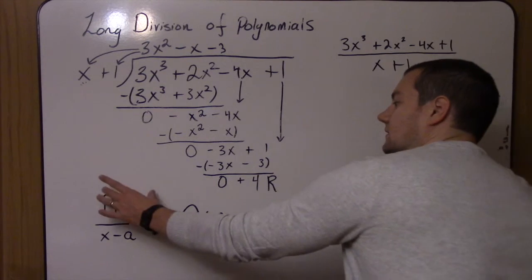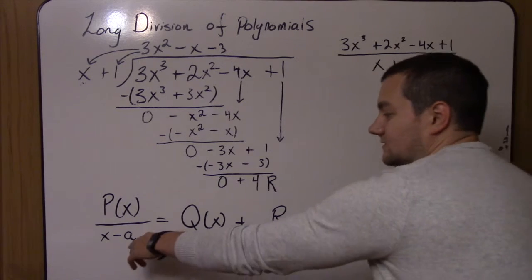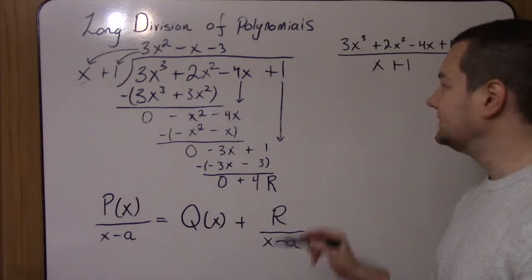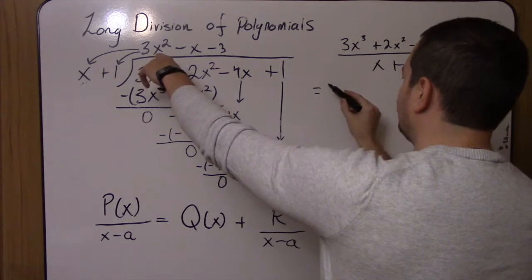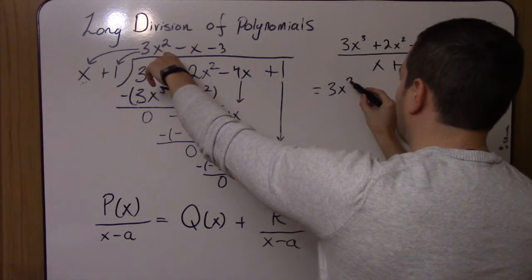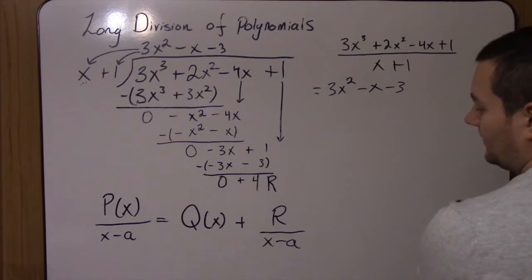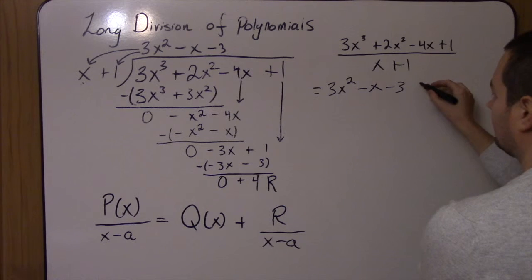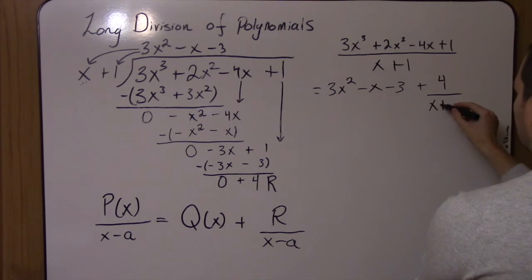P of x over x minus a, or in our case x plus 1, and that's equal to my q of x, so my quotient, 3x squared minus x minus 3, plus my remainder, so my remainder is 4 over x plus 1.